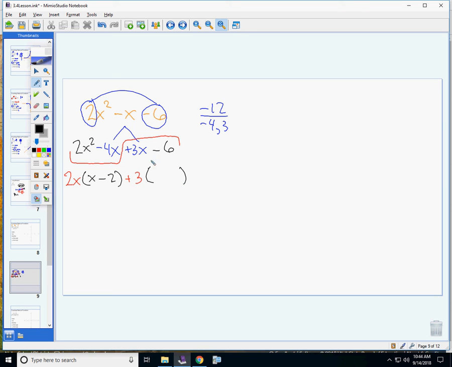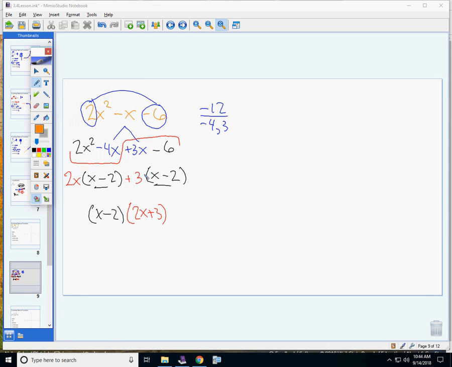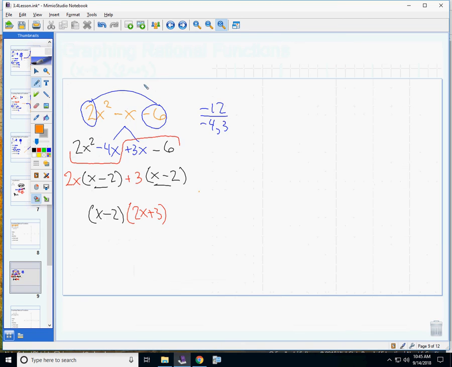Once I divide these by 3, I'm left with an x and a minus 2. Now notice that x minus 2's, those are the same for this term and this term. So I can factor it out, x minus 2, and I'm left with 2x plus 3. So x minus 2 and 2x plus 3, those are my factors for the top.